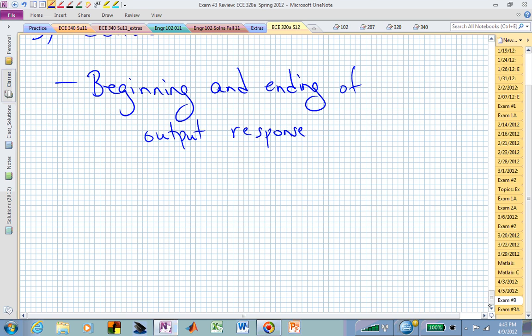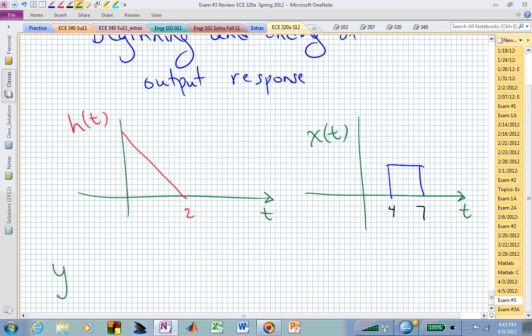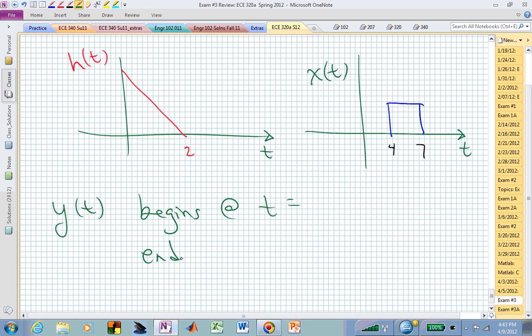If your system had an impulse response that looked like this, and now you start exciting it with x, and if I gave you nothing more than that, I could quickly find out some information if you know the crude aspect of convolution.